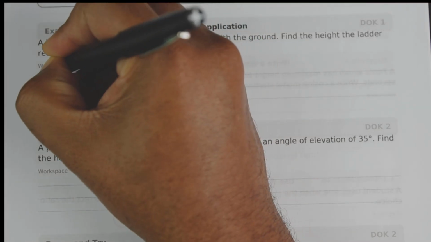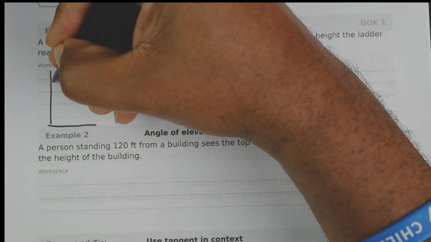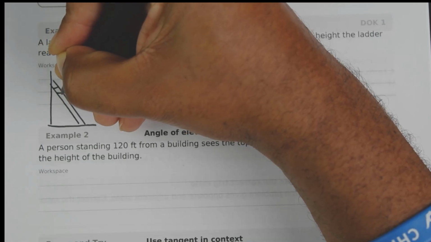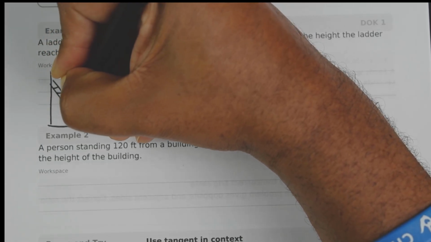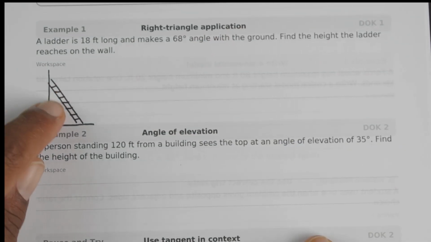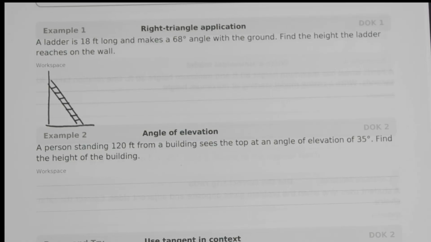Imagine a wall here, and then imagine a ladder up against that wall. The ladder is the hypotenuse because it is the longest side and it leans against the wall.